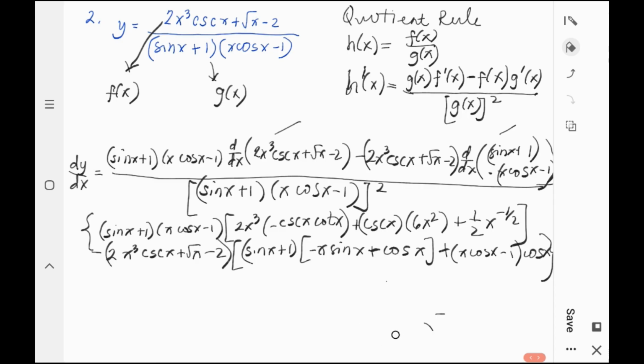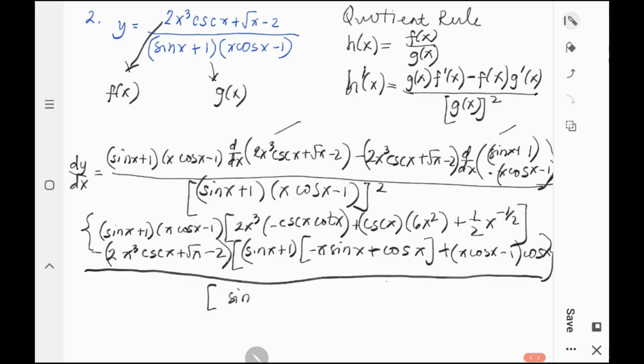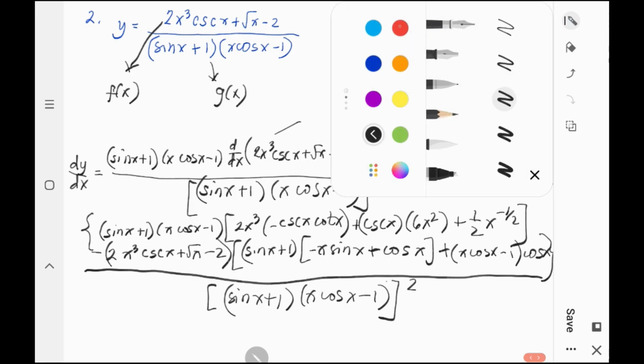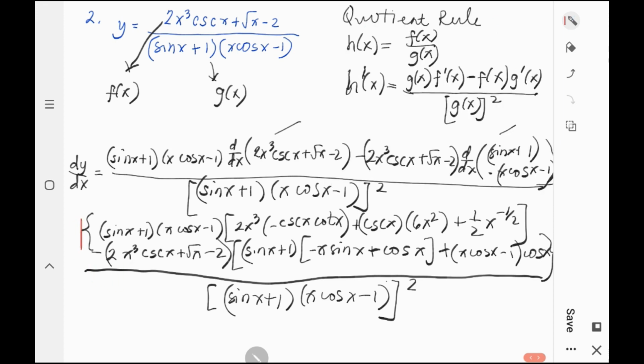So we have to divide everything by the denominator, the square of the product of sine x plus 1 and x cosine x minus 1. So this is the final answer.